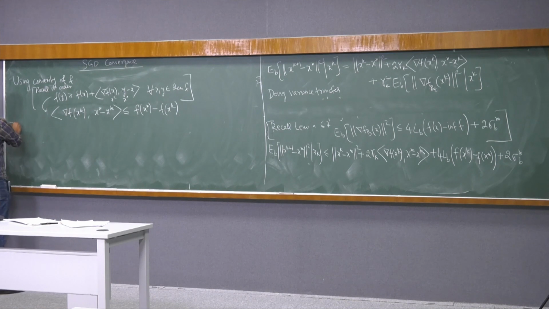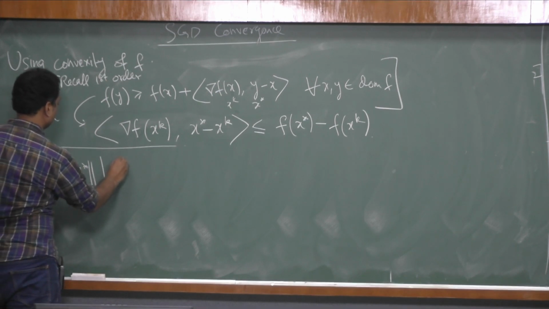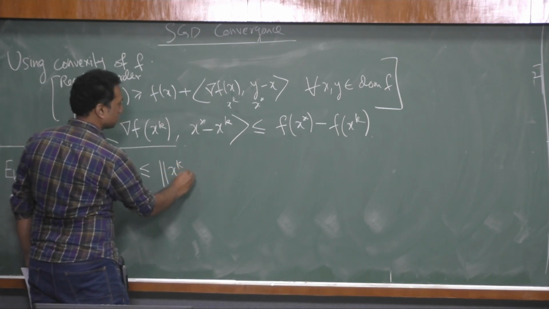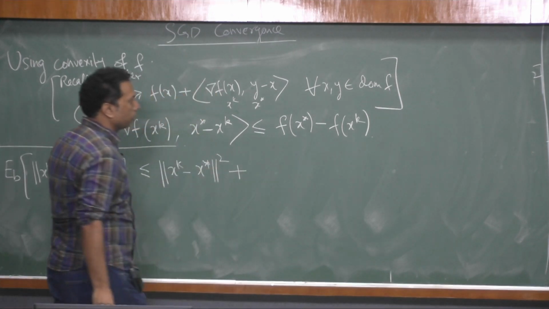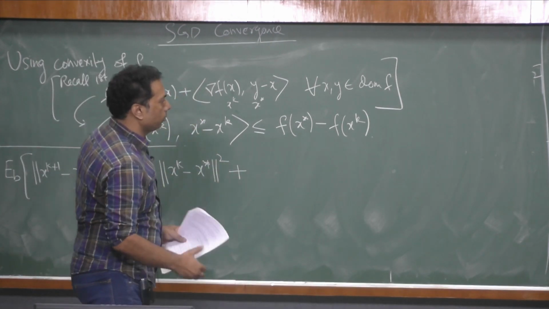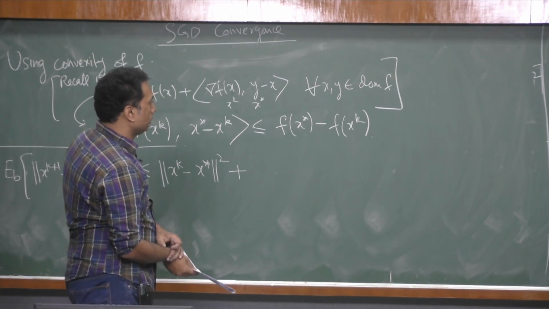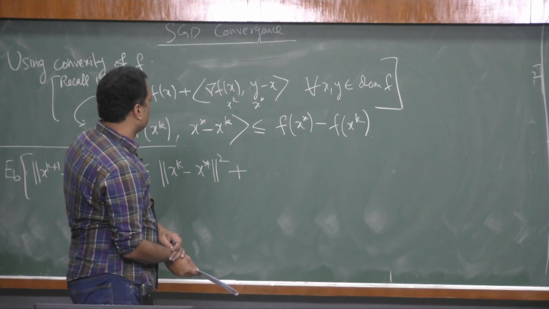So we continue, then it is the norm of x(k+1) minus x star given xk is less than or equal to the norm of xk minus x star, plus 2 gamma k, which goes with this guy. There is a minus there, so 2 gamma k. What is the good preference: xk minus x star or x star minus xk?